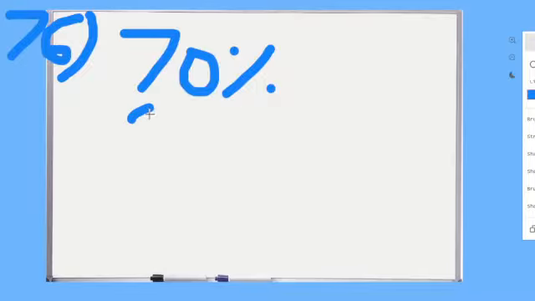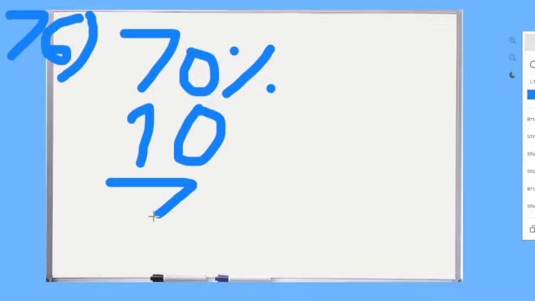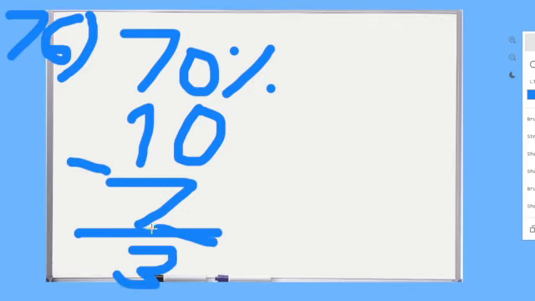The test had 10 questions, okay? How many questions did the student miss? So first we're going to find out how many questions the student got right. They got 7 right, okay? So now 10 minus 7 is 3. And that's your final answer.